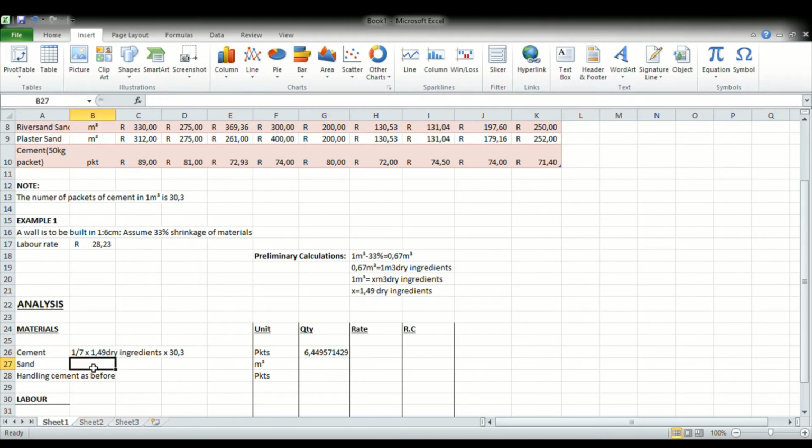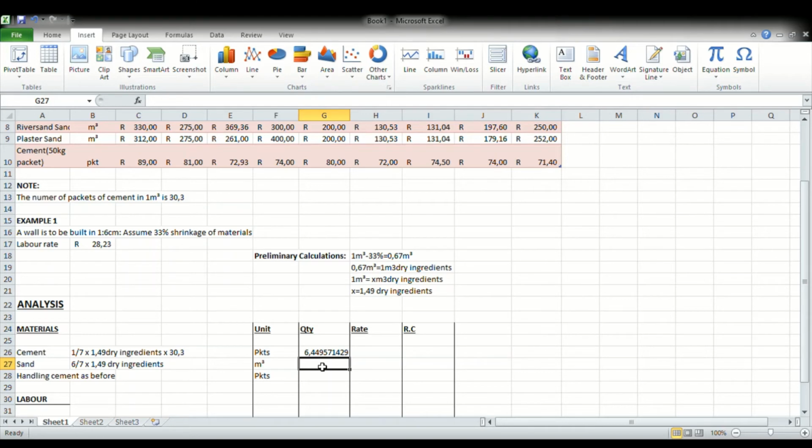And then for the sand, we will have 6 divided by 7 multiplied by dry ingredients. We're not going to multiply by 30.3 because it is measured in volume and not in packets.